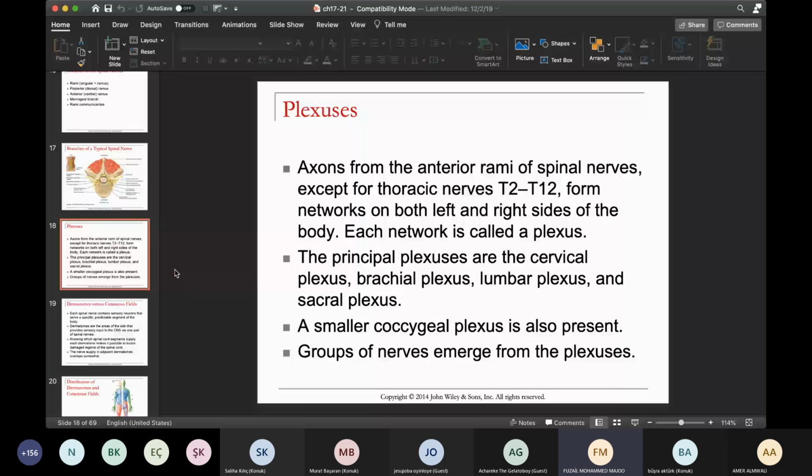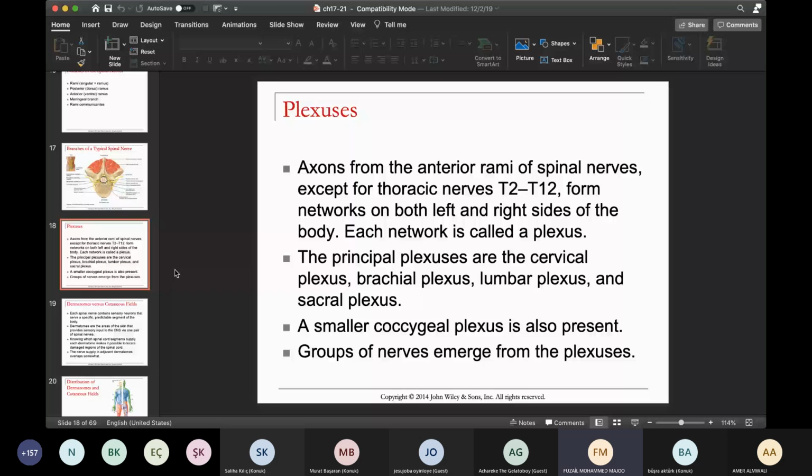Instead, they form networks on both the left and the right side of the body by coming together with various numbers of axons from the anterior rami of the adjacent nerves. So these networks of axons we call the plexus.